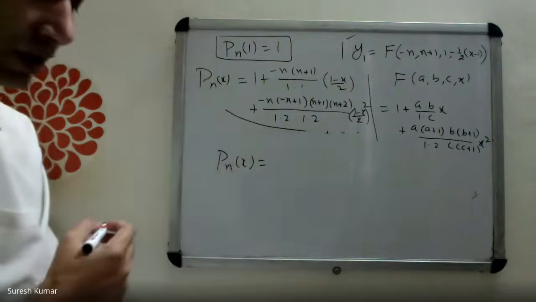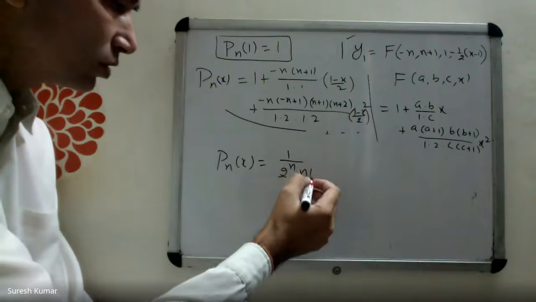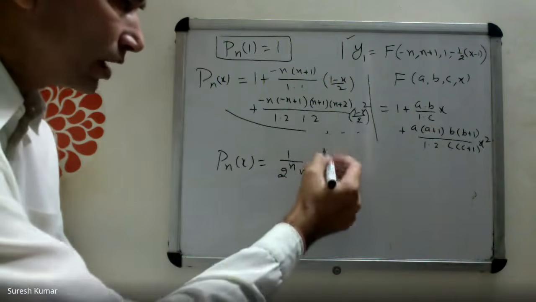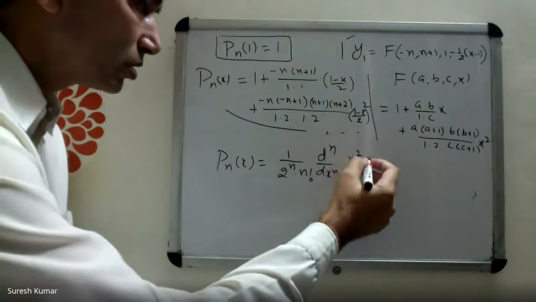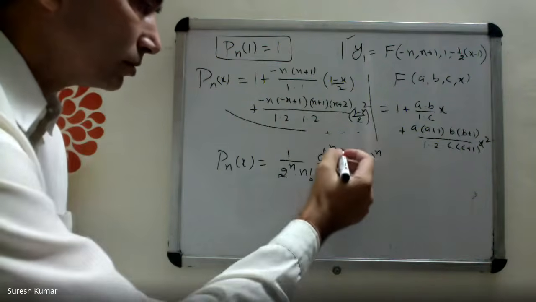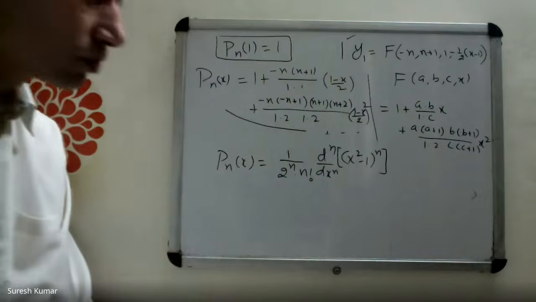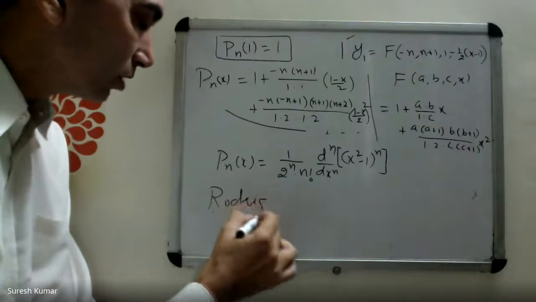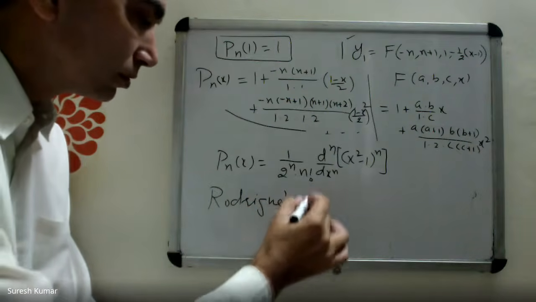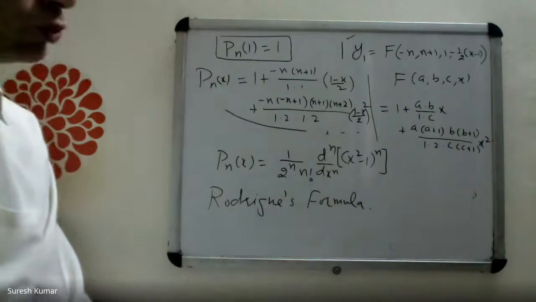And that formula is 1 over 2 power n into n factorial, nth derivative of (x square minus 1) power n. Note down this formula, very important. We call this formula Rodrigues formula. We will do its proof also.